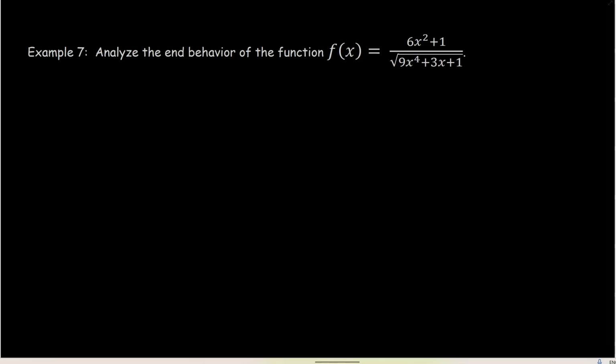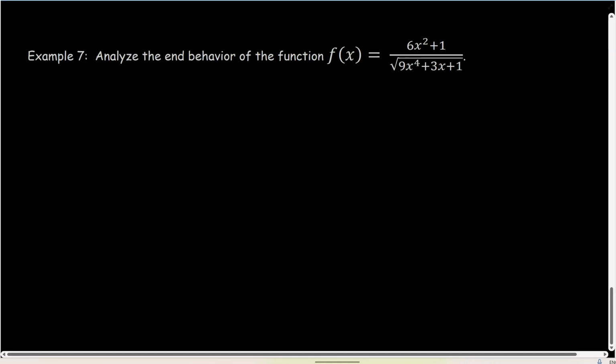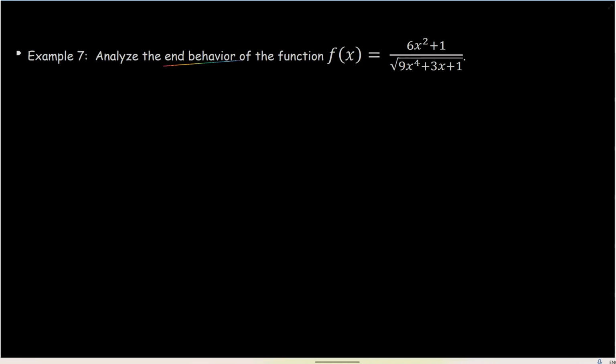In this video, we are studying the end behavior of the function. In this case, the function f of x is (6x squared plus 1) over the square root of (9x to the fourth power plus 3x plus 1).